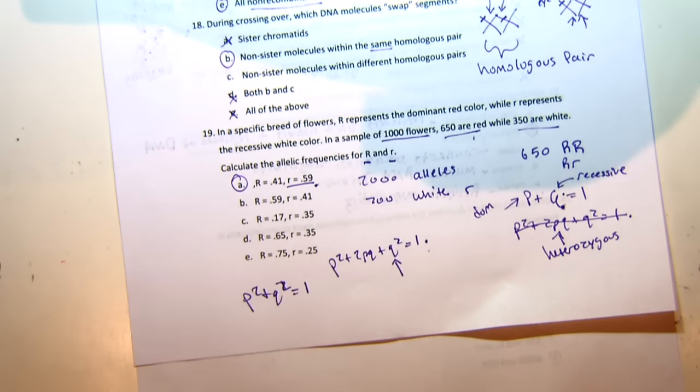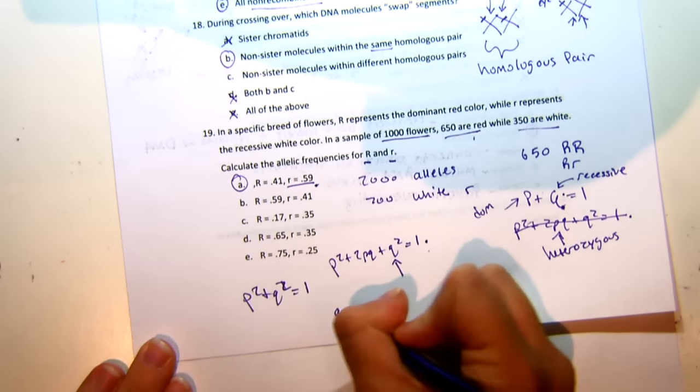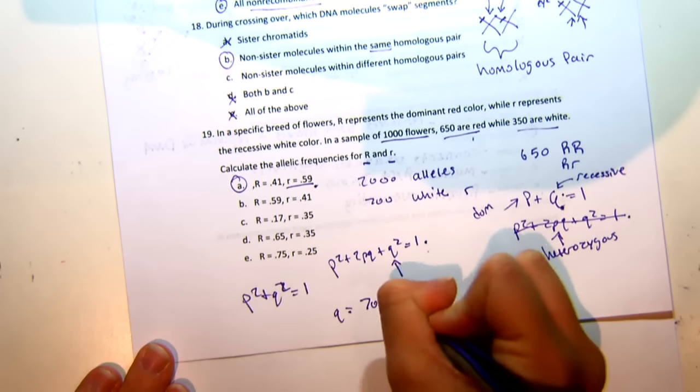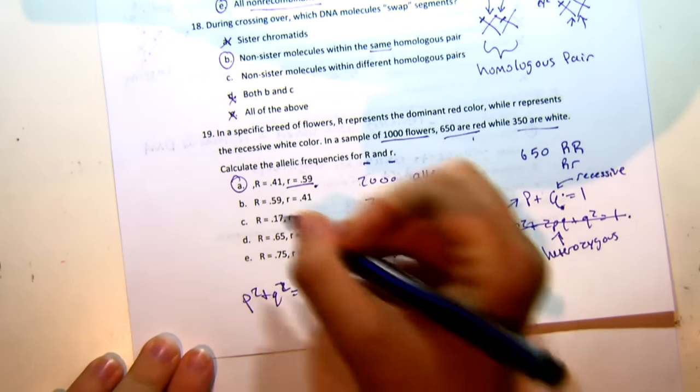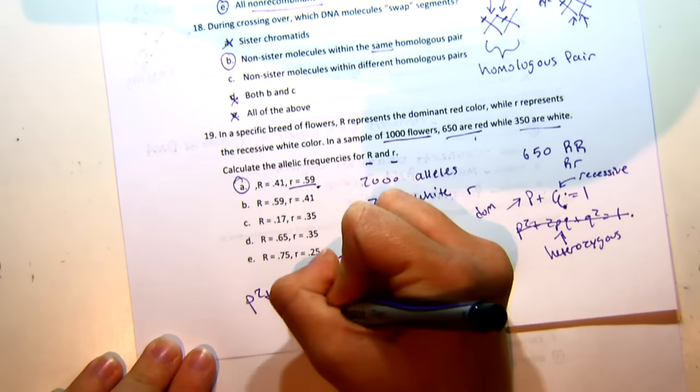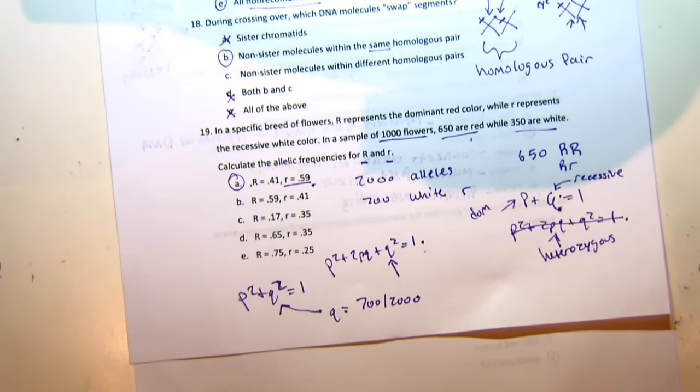Okay. So then we found q was the 700 out of the 2,000. And then we plugged it in here. Because then wouldn't we square it? It's 0.35 squared. I thought we took the square root of it.